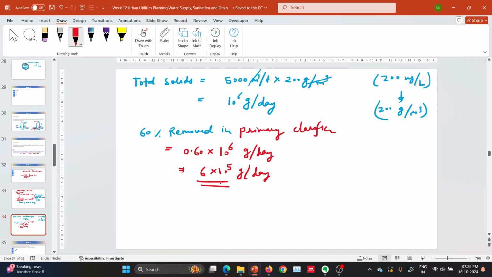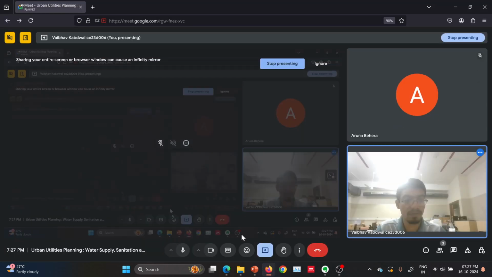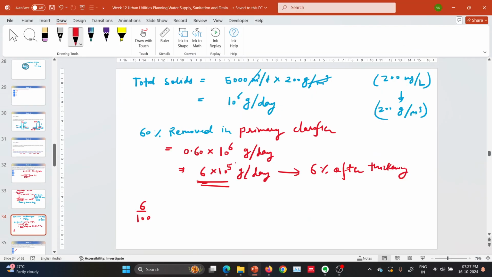These are the solids which are coming out from the PST, and this much amount of solids is available in sludge thickening also. These solids are 6% after thickening.